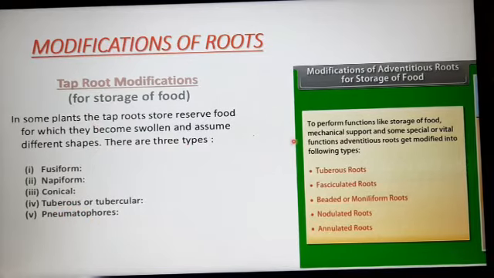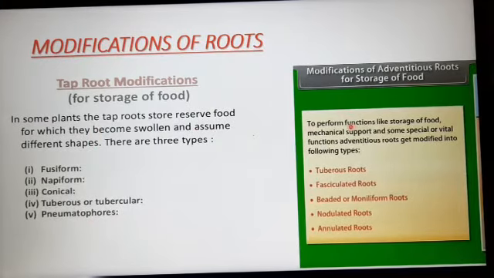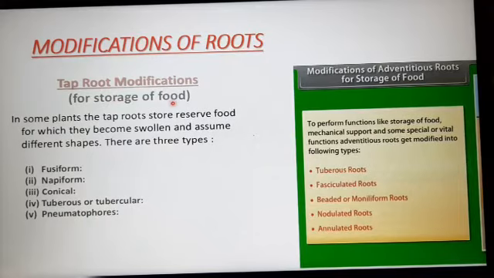And modification of adventitious root for storage of food. Here I am talking about adventitious root and here I am talking about taproot. Taproot and adventitious root both are modified for storage of food.